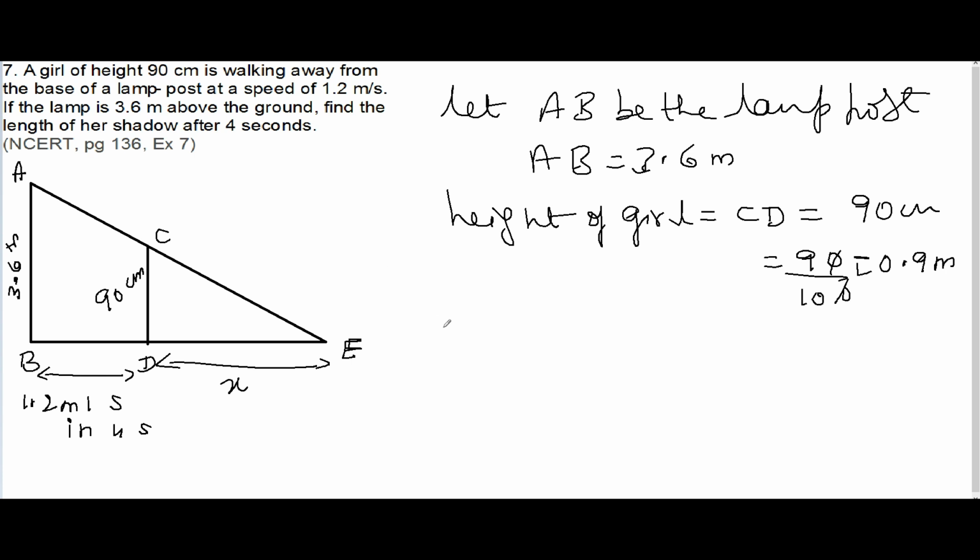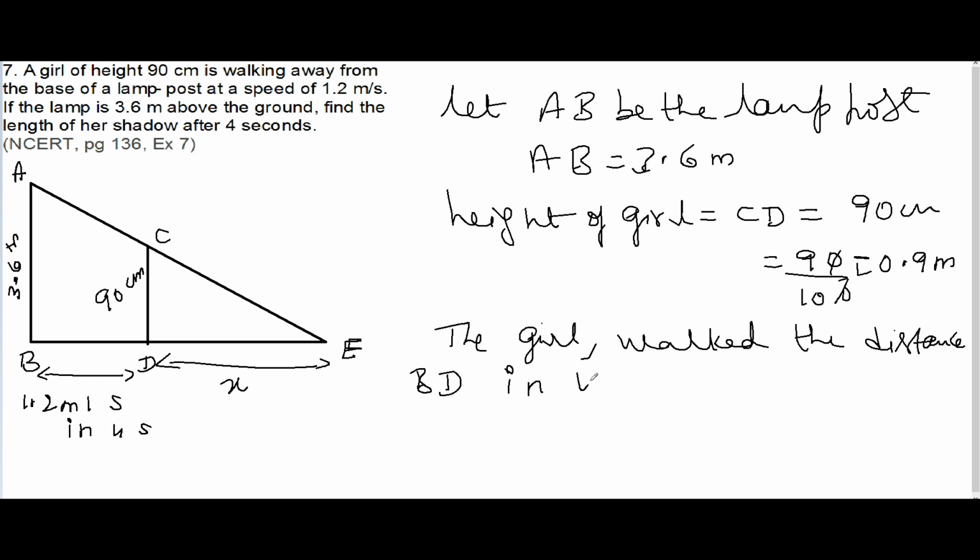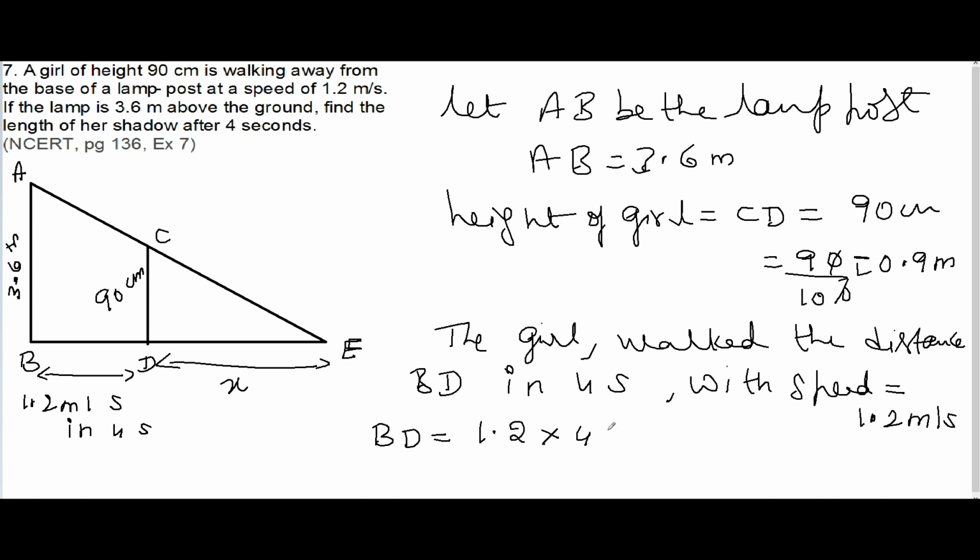So, I can say here, the girl walked the distance BD in 4 seconds with speed equal to 1.2 meter per second. So, we have already the speed and the time. So, what is BD? The distance is nothing but speed into time. So, take 1.2 into 4, which is nothing but 4.8 meter.